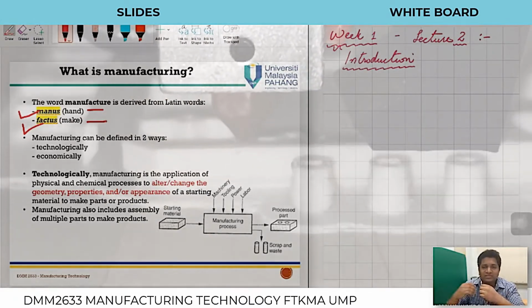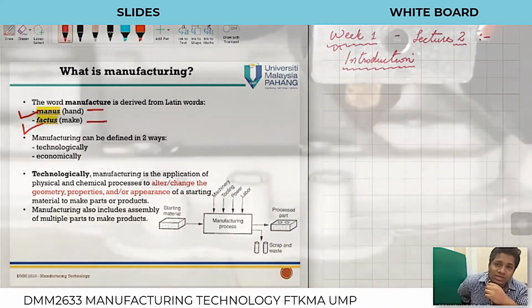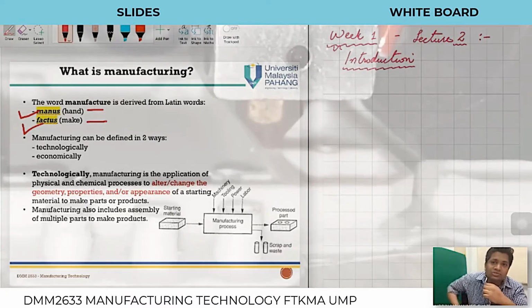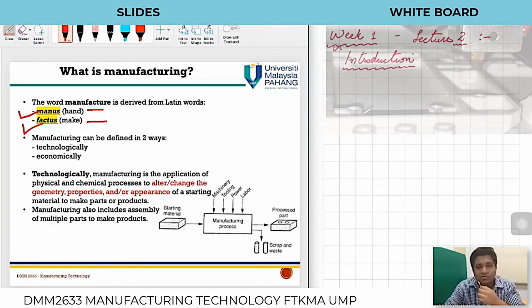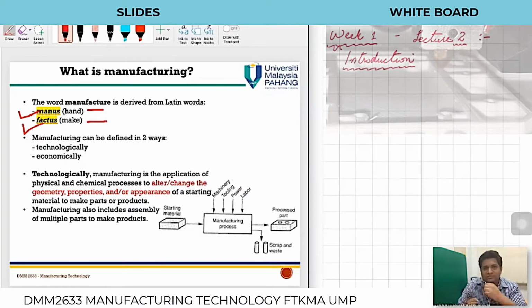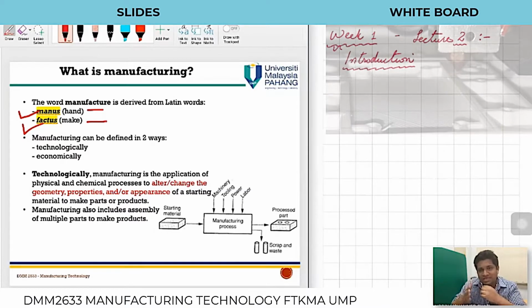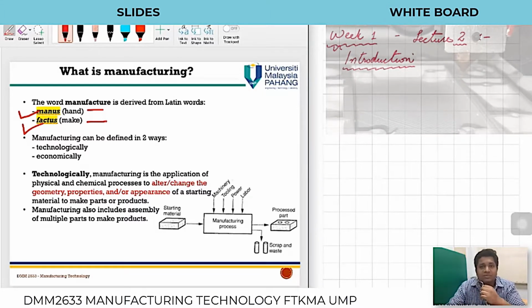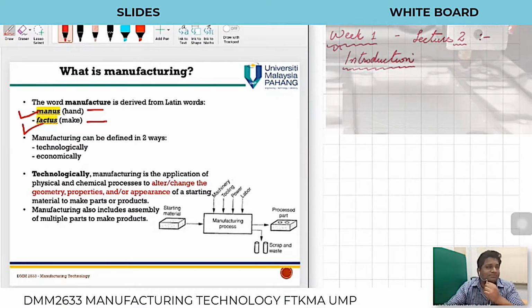Previously, when Latin was the primary language in the UK, in France, in Europe, they used to say that anything which is handmade is called manufactures, and from manufactures we get this word manufacturing, or nowadays it is also called production. So production slash manufacturing is now the key concept of current manufacturing era. The era in which we are living is also the manufacturing era.